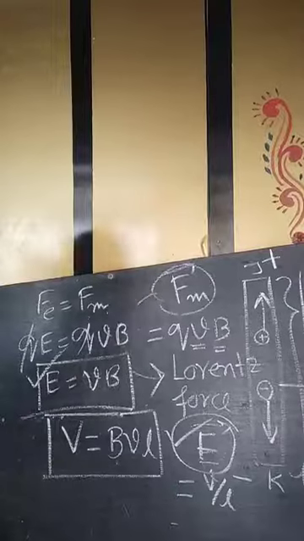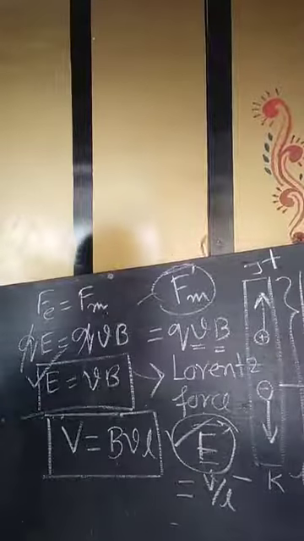Why is it called the motional EMF? Because it is produced due to the motion of an electrically conducting rod, when this rod is present in a magnetic field, right? Therefore, it is called the motional EMF. Okay.